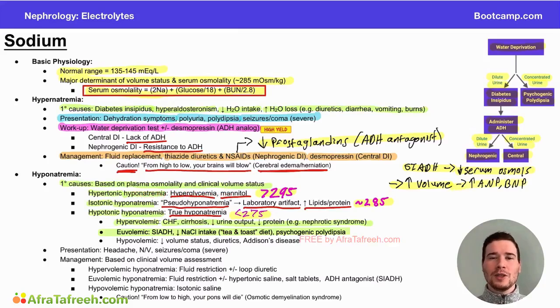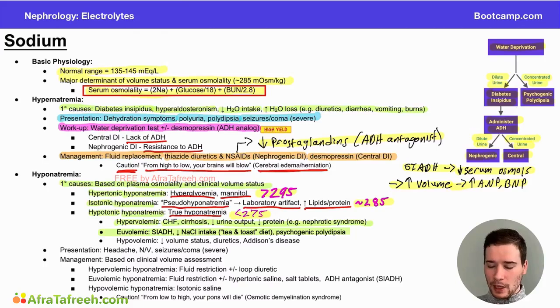This is going to decrease our aldosterone levels, which is going to cause us to excrete more sodium and excrete more free fluid. And this is why we don't end up having a hypervolemic state in SIADH. We only end up having a euvolemic state because our body essentially acts to counteract the ADH that is being released. And so again, we'll get a euvolemic hypotonic hyponatremia.